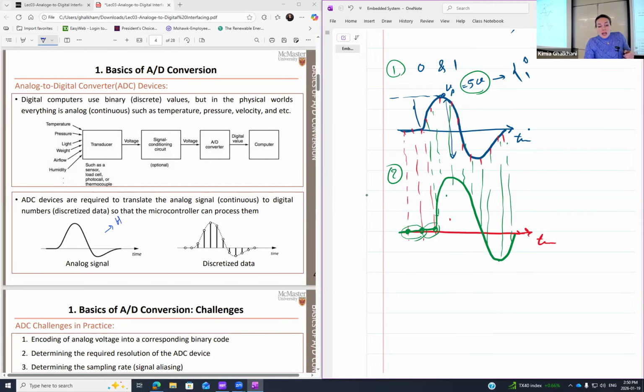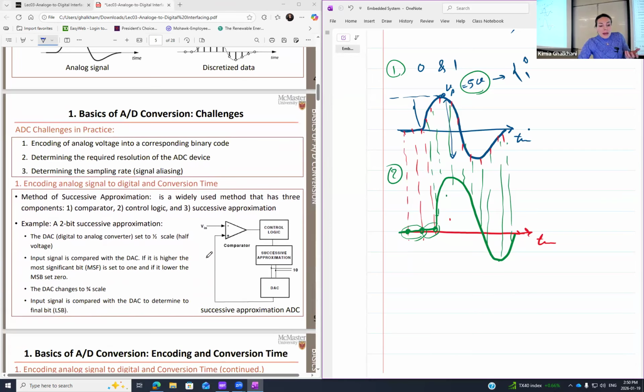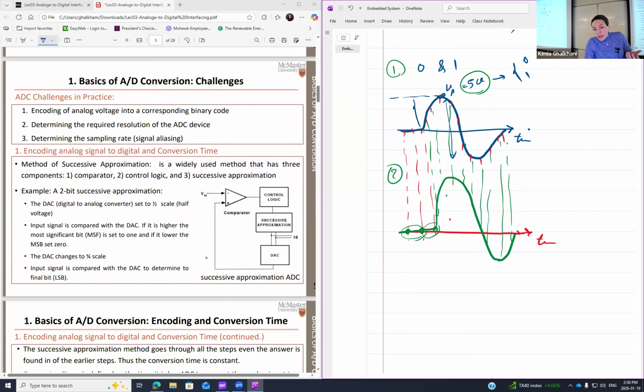So now if you consider it this way, this is still a signal. But this signal, for example in here, is maybe 0. Next time it becomes like this, a bunch of 0s and 1s, 0, 1, 0, 1, 0, 1, and so on. That's what we call analog to digital conversion. Make sense so far?